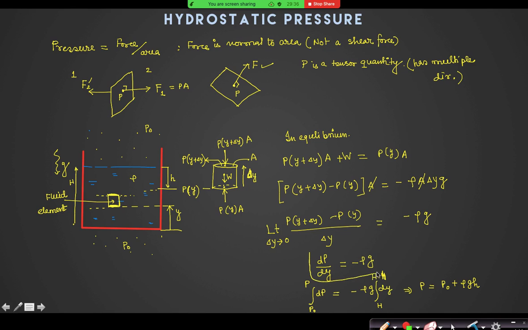Even if you do not use it, you know from basic knowledge that the pressure inside a fluid is rho g h, where h is the depth. But if rho is variable, you cannot use pressure equals rho g h. Then this equation will be useful for you. This is the differential equation, or the pressure gradient. Pressure gradient means how pressure changes with height or with depth. That equation is useful to you.